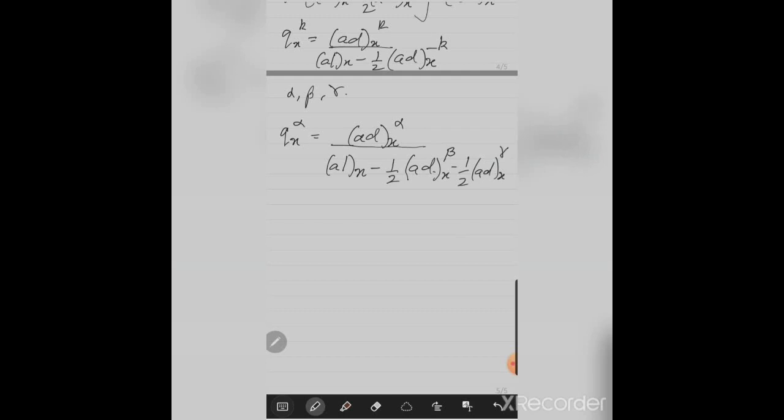So this is as good as saying ad x alpha divided by al x minus half times ad x beta plus ad x gamma.